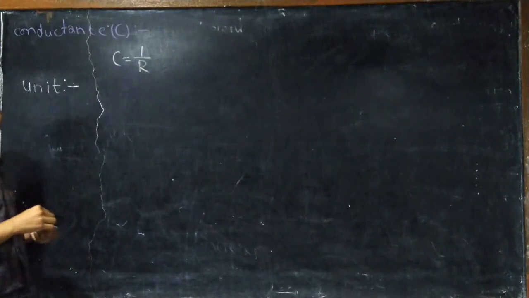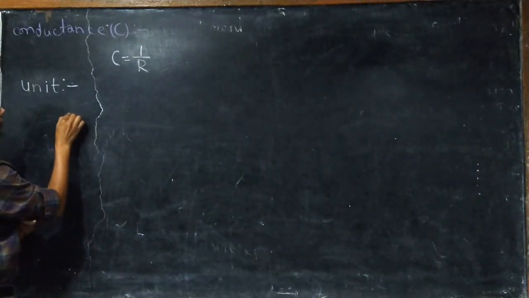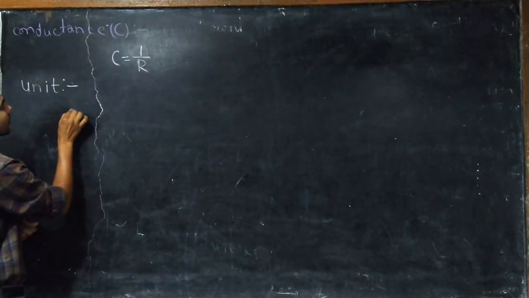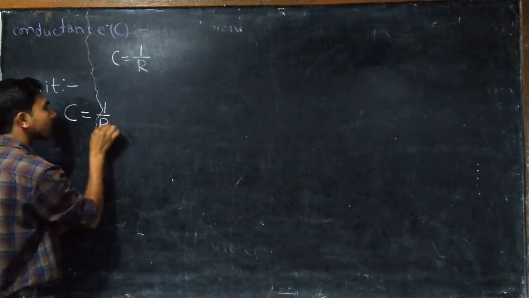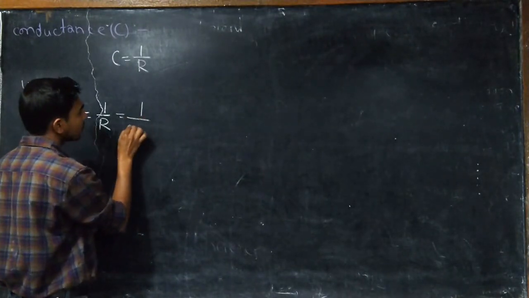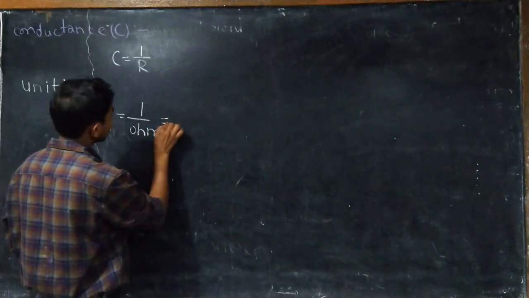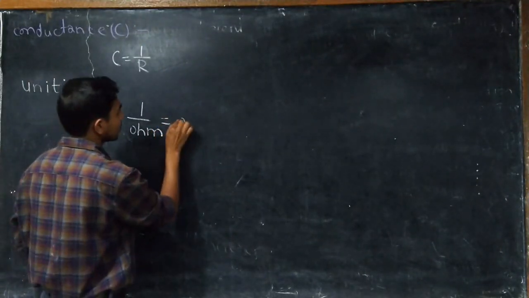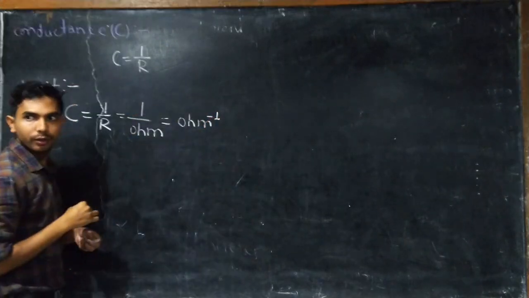C is your conductance, and C is 1 by R. Resistance has what unit? Ohm. So the unit of conductance will be ohm to the power minus 1.